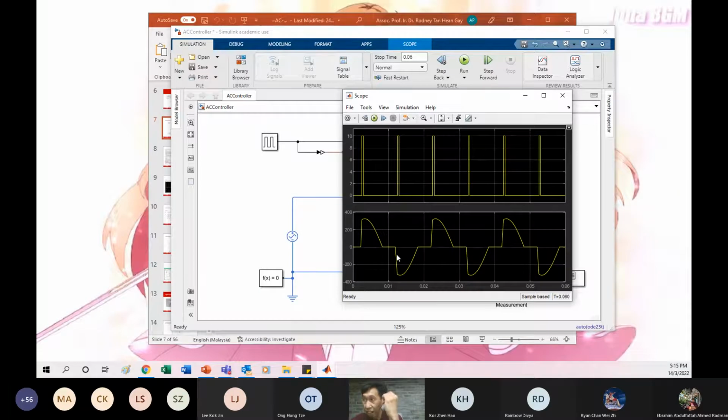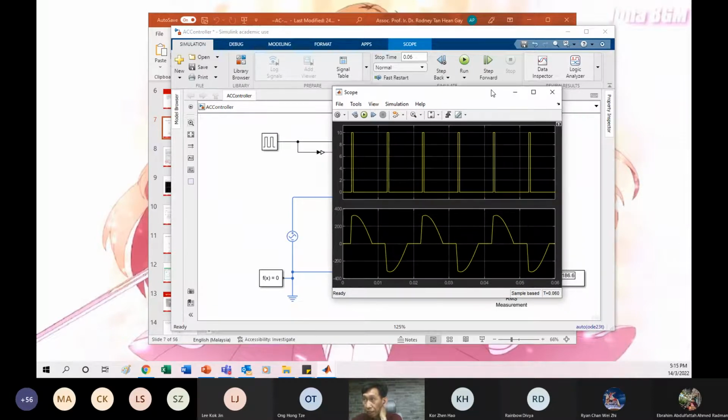So your firing angle will not be correct if you do not have the PLL. If you don't have the PLL, it will affect your firing angle accuracy.